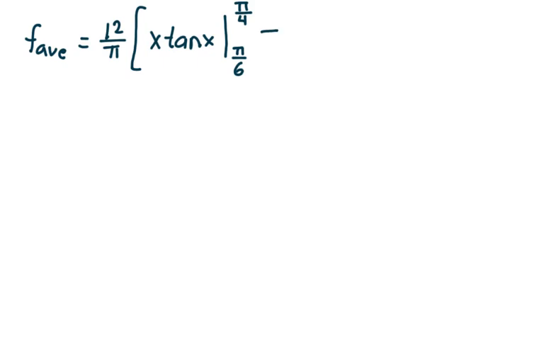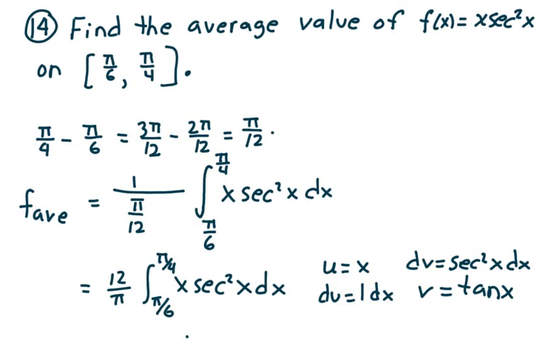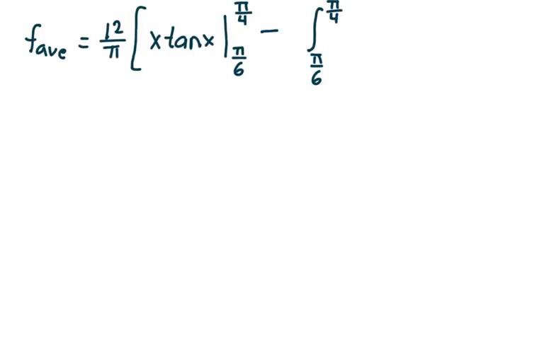And I'm going to go minus, and then I'm going to integrate from pi over 6 to pi over 4 of. Now here, it's v du, which will be, let's go back, which will be tangent x dx, just like this.